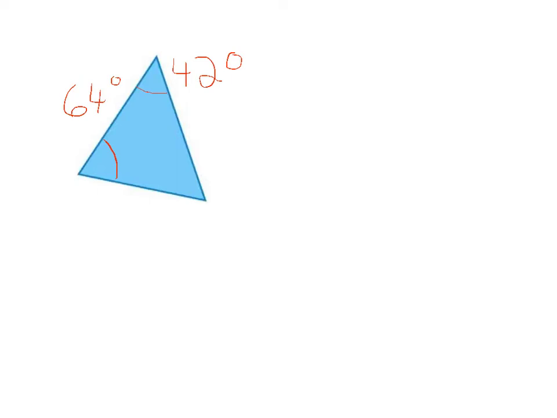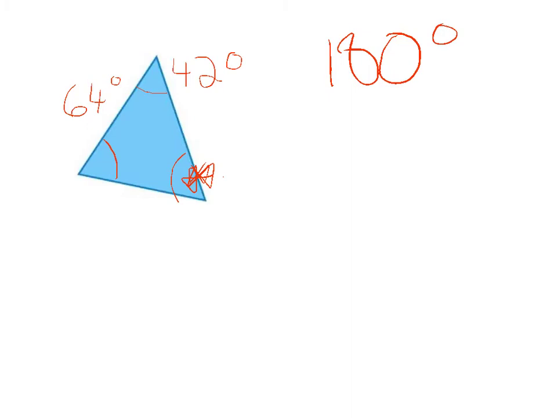Here you have a triangle, a bit of an irregular triangle, and you'll notice that we've been given two angles: 64 degrees and 42. What we're looking to do is calculate this missing angle here. Remember that the sum of all the angles is 180 degrees.